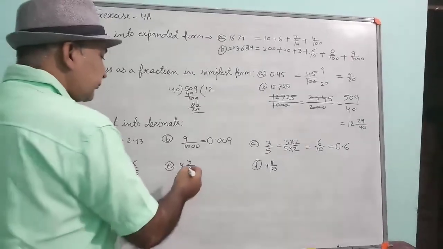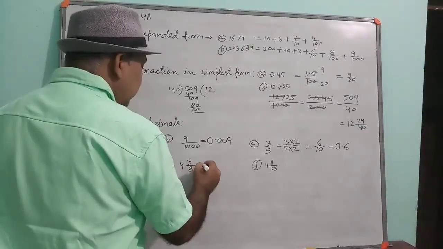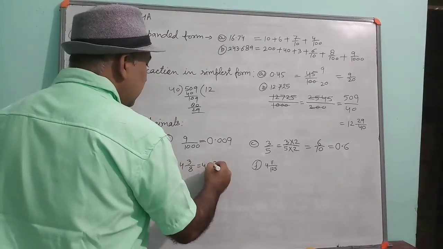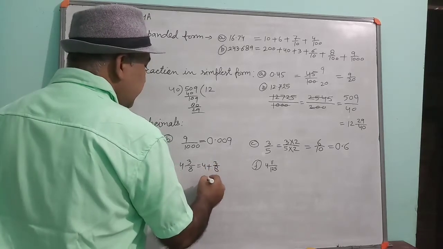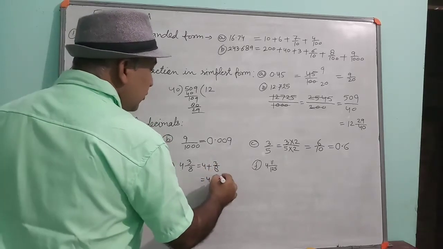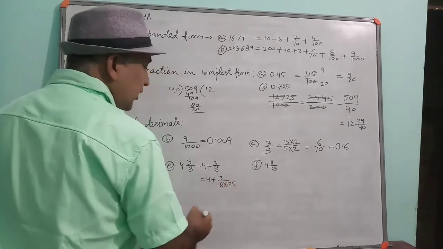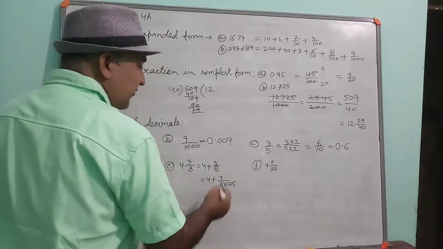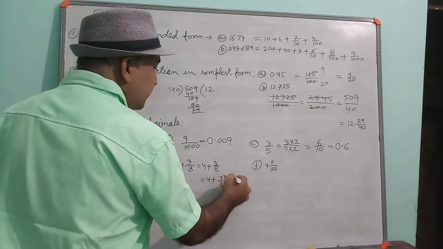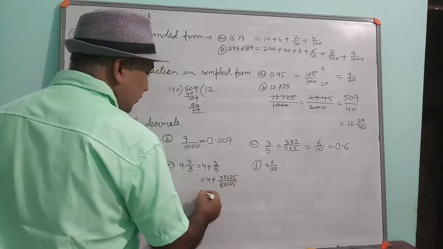Now see, this can be written as 4 plus 3 by 8. Now we have seen that 8 is multiplied by 125 to make a power of 10. Then 125 is multiplied in the numerator also.